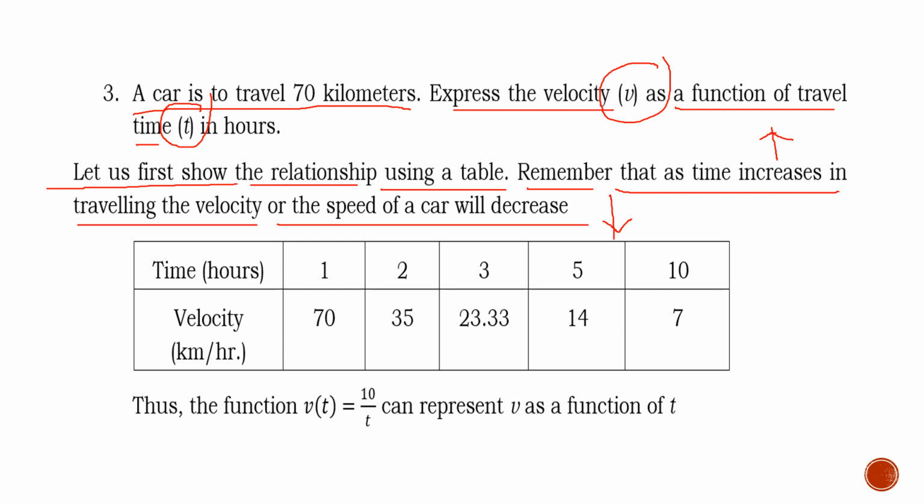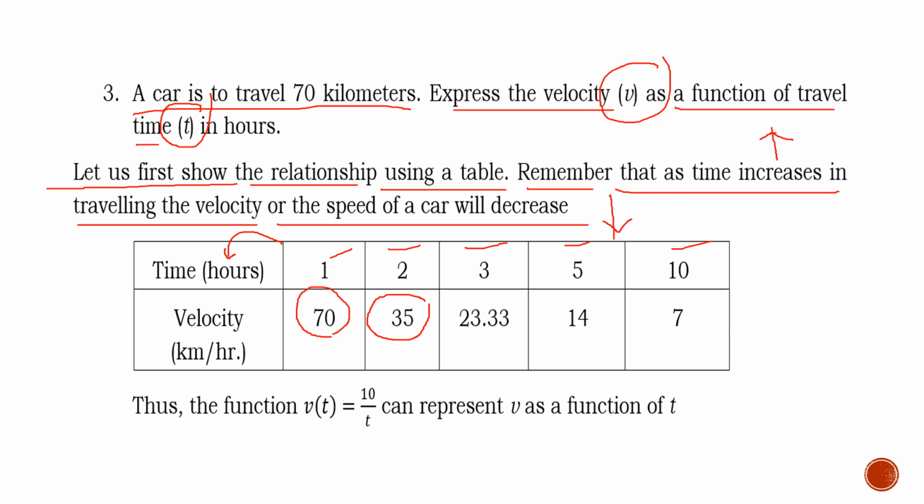The unit of measure for time is hours: 1 hour, 2 hours, 3 hours, 5 hours, and 10 hours. For 1 hour of travel, the velocity is 70 kilometers per hour. For 2 hours, we use 35 kilometers per hour.